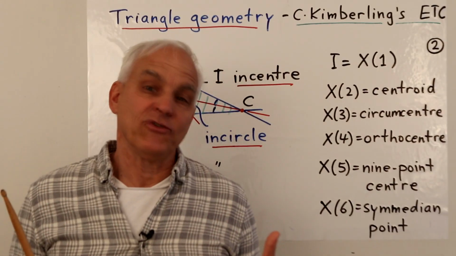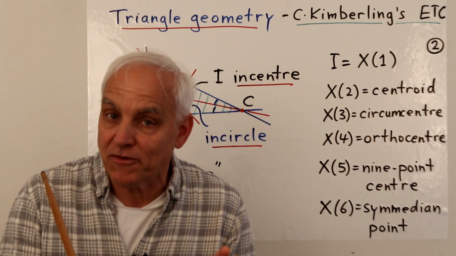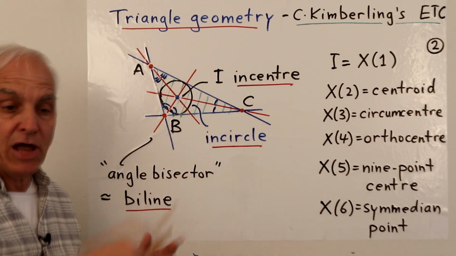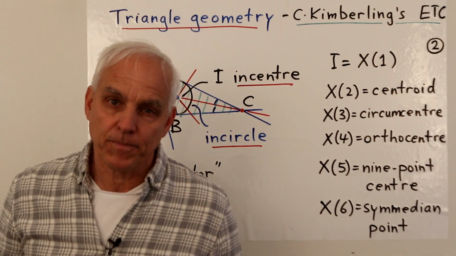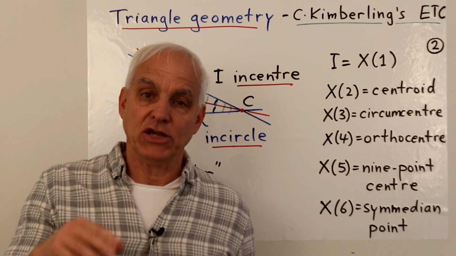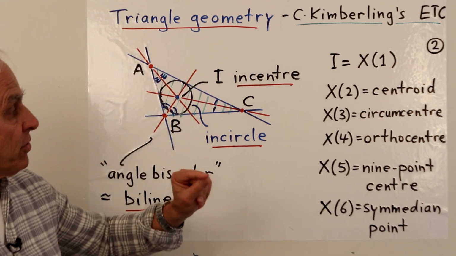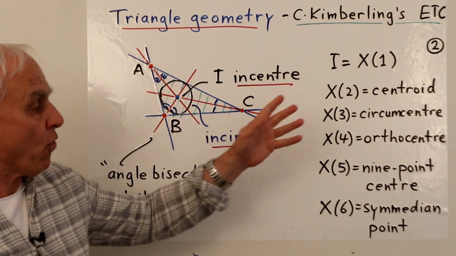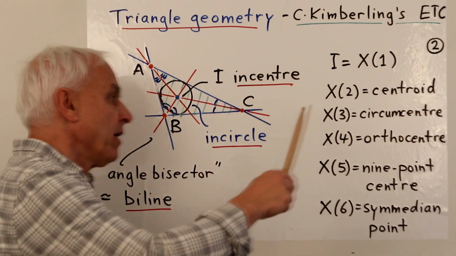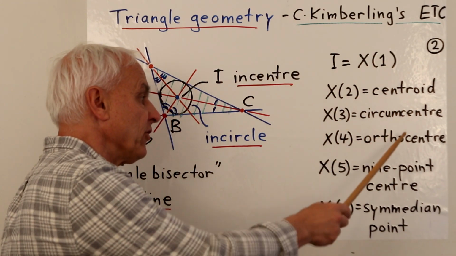Triangle geometry is the study of this very elementary configuration, just 3 points, A, B, C, and the 3 lines in the plane that they form. It's an aspect of geometry that goes back to the ancient Greeks, who discovered and investigated the 4 simplest triangle centers: the incenter, the centroid, the circumcenter, and the orthocenter.